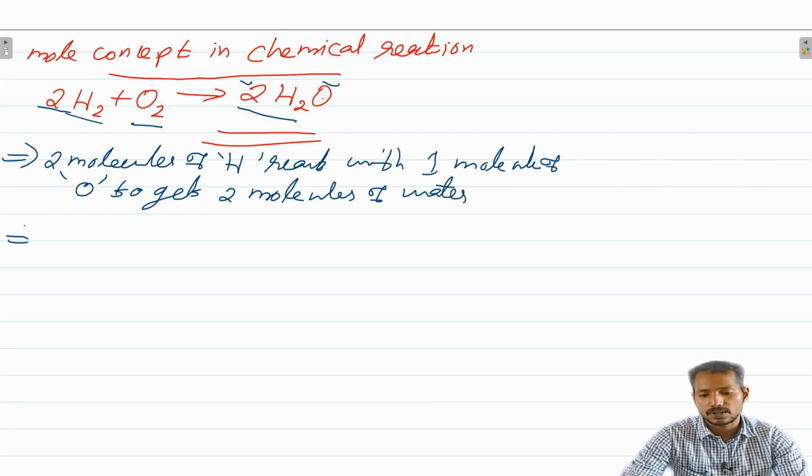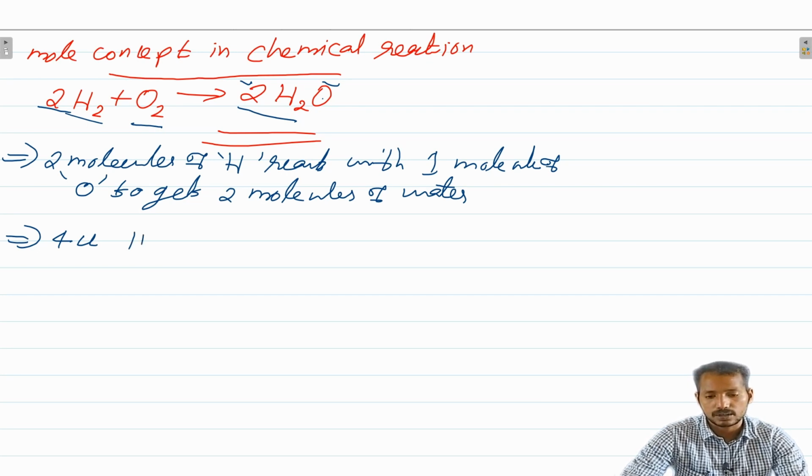Similarly, one more piece of information: 2 molecules of H2 means there are 4 hydrogen atoms, that means 4 into 1, that is 4u. So the total atomic mass of all these 4 hydrogen atoms is equal to 4.